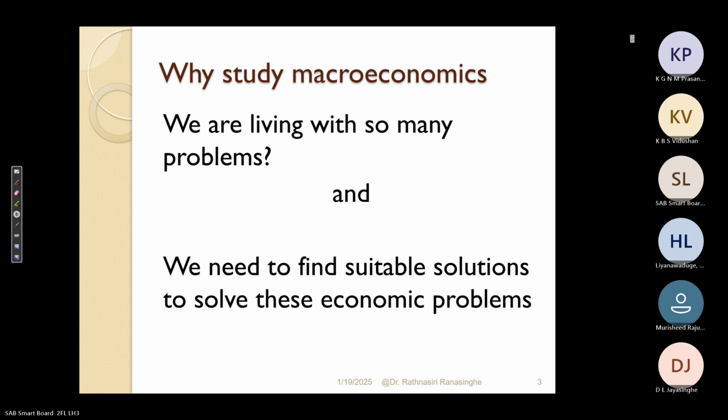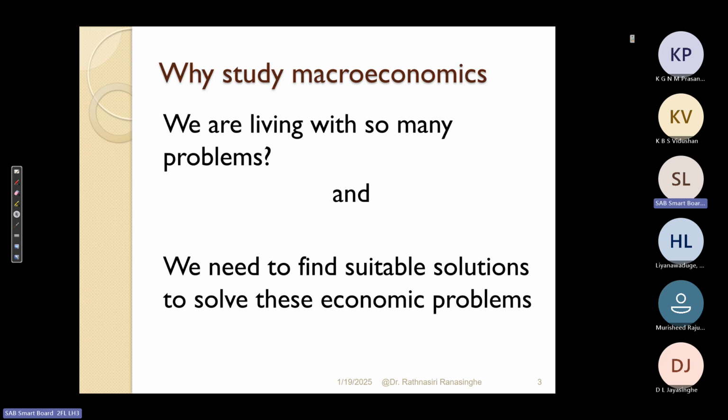So when it comes to macroeconomics, it's unlike microeconomics. It talks about the overall economy, right? We are going to understand the overall economic behavior by analyzing a set of macro variables.